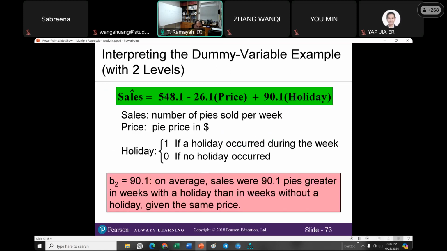So if you get an equation like this for holiday, 90 plus 1, what you can conclude is that during the holiday period, you sell 90 pies more than in a non-holiday period. So that is why we need to dummy code categorical variables.